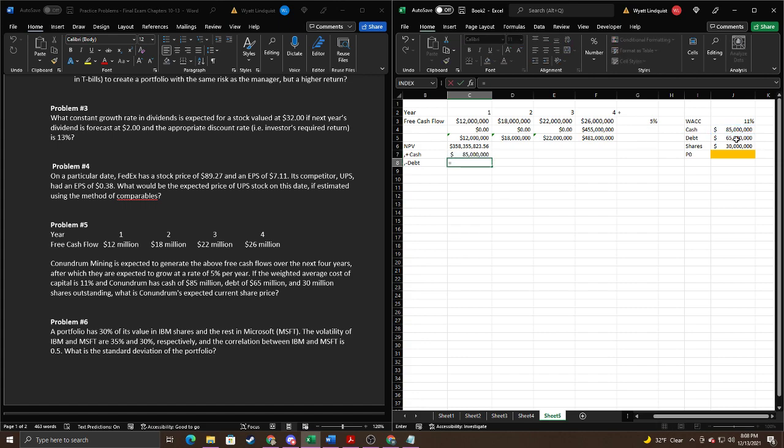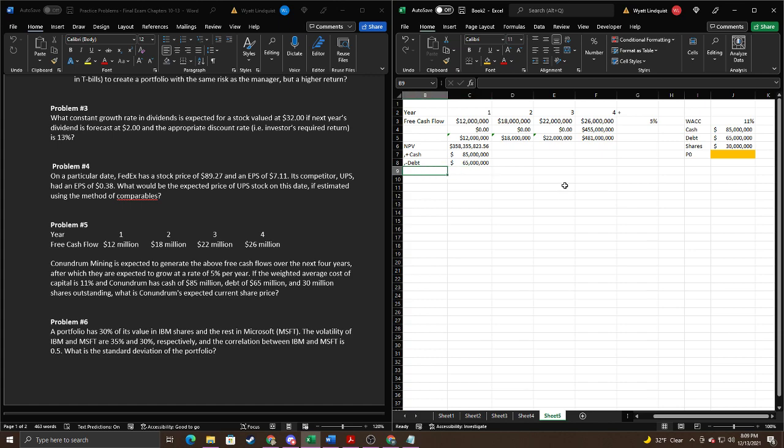Thus, the cash should be added because the stockholders could get their hands on that cash in the result of bankruptcy, and we need to subtract the debt because in a bankruptcy they would have to pay this debt before they paid that cash. So that's why those things happen.